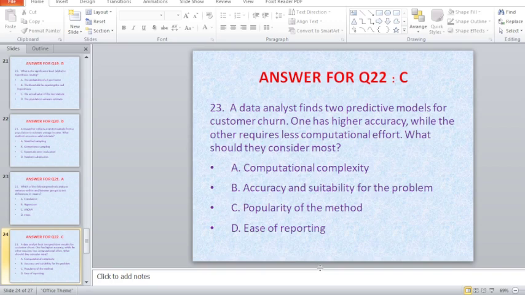B. Accuracy and stability for the problem. C. Popularity of the method. D. Ease of reporting. The answer for this question is B. Accuracy and stability for the problem.